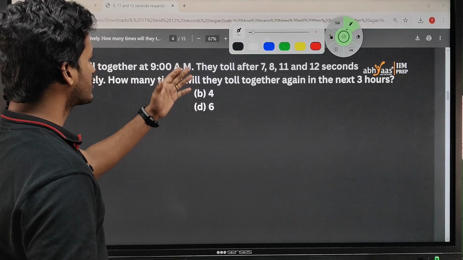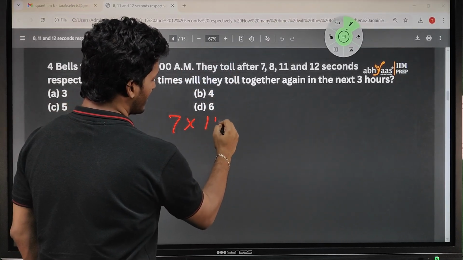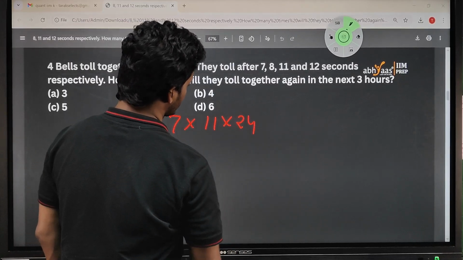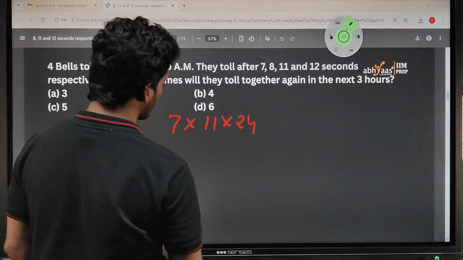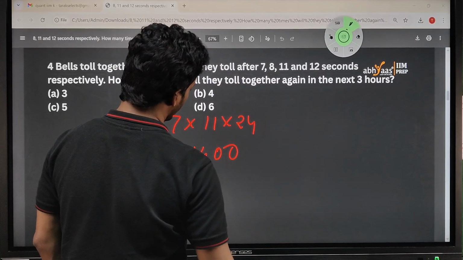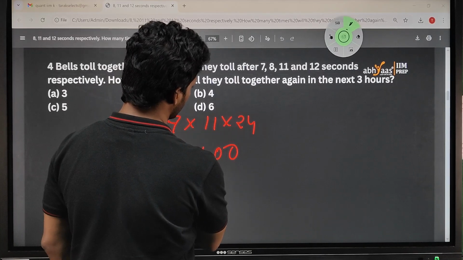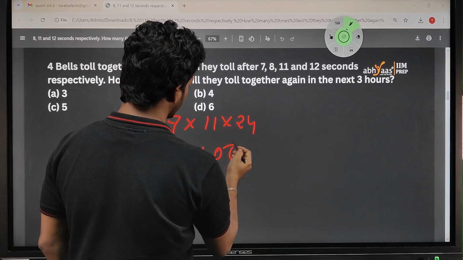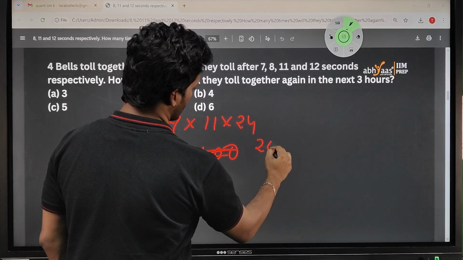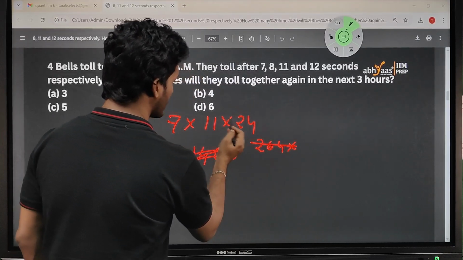Now coming here, we have already found the LCM of 7, 11 and 24. Better I'll not go with 11 and 24.